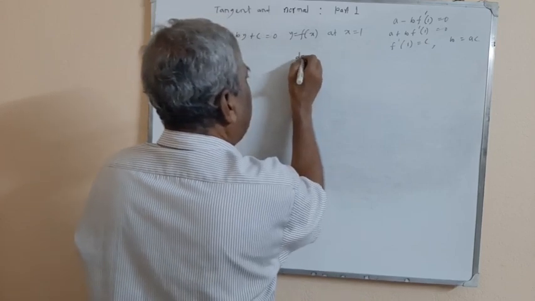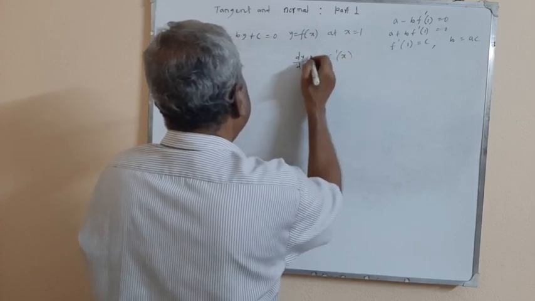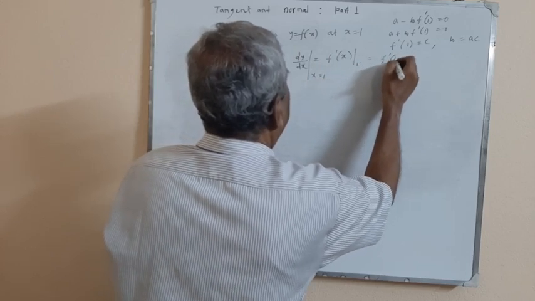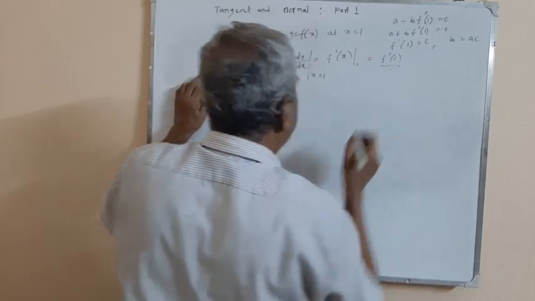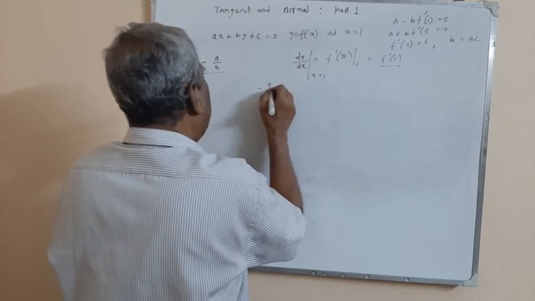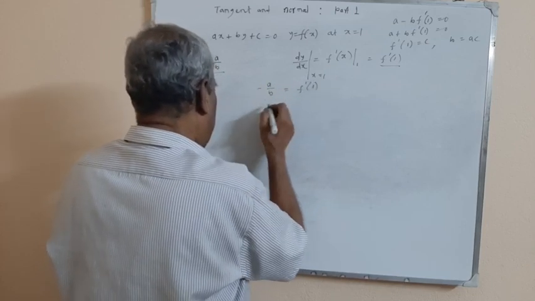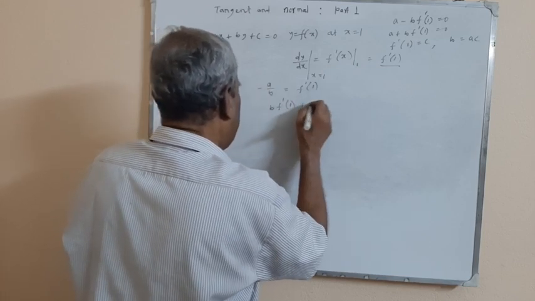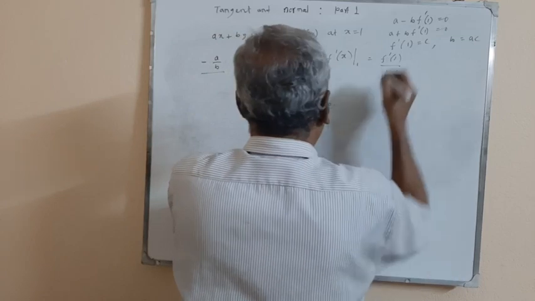From here, dy by dx is equal to f dash x, so dy by dx at x is equal to 1 is f dash 1. So these are the gradients of the tangent, they must be equal. Therefore we must have minus a by b is equal to f dash 1, that is, b f dash 1 plus a is equal to 0. So a plus b f dash 1 is equal to 0 is the correct option.